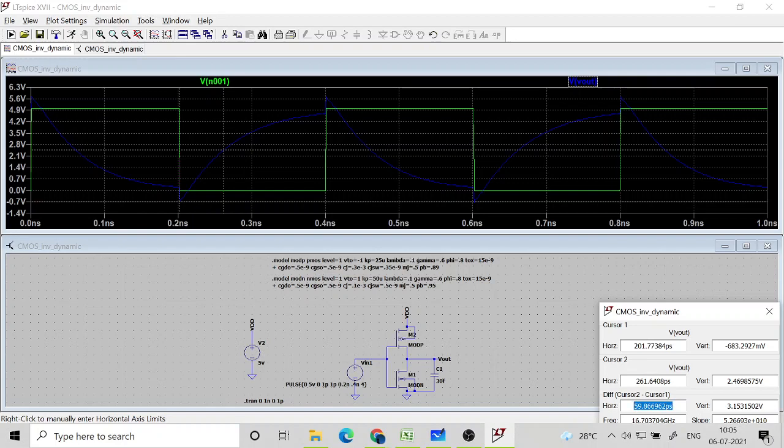So 58 and 59, they are quite close. In the presence of load as well as in the absence of load, the delays are changing but they are symmetric. That is what we have achieved.